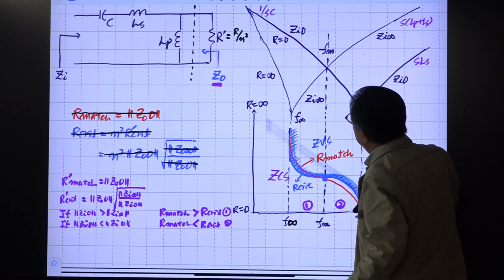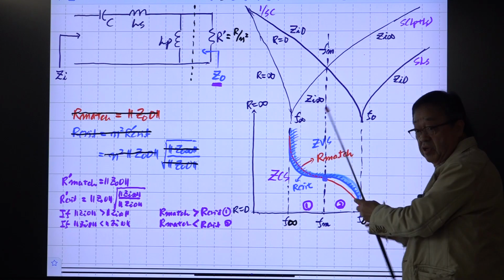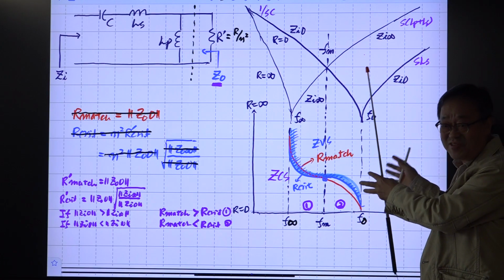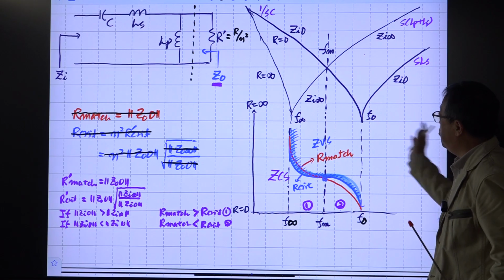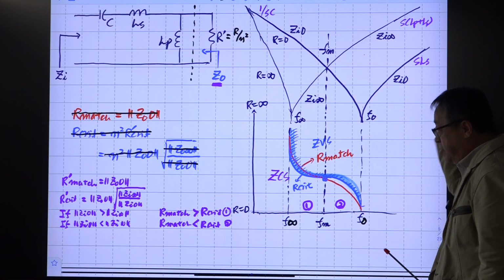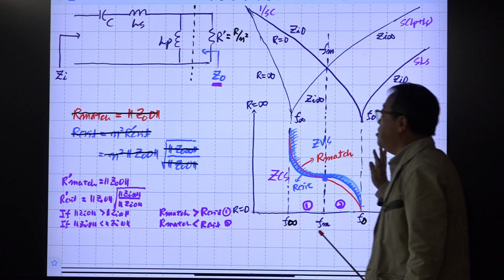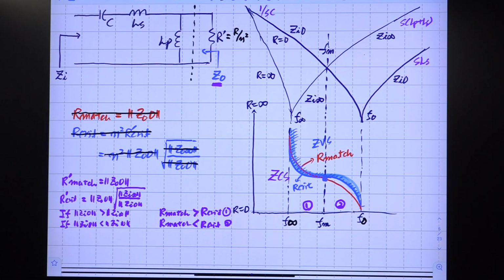So this graph is drawn in the secondary side of the transformer. Maybe we move forward and backward, but it really doesn't matter. But you need to change these things: if you see this in the secondary side of this transformer, you call it R match.